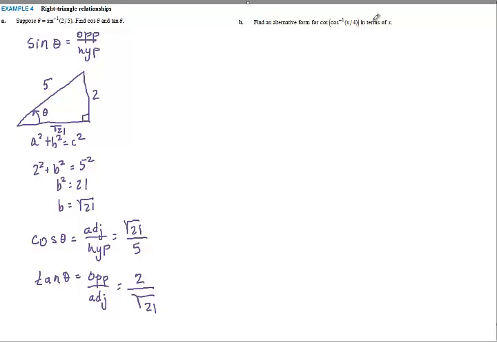This time they want me to write this whole thing in terms of x, and I'm going to use a triangle again. Cosine is adjacent over hypotenuse. So in order to get this side, once again, I'm going to use the Pythagorean theorem. I'll just call this b for right now.